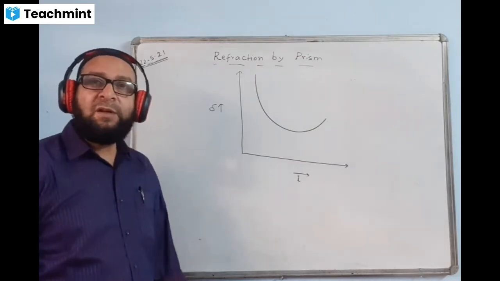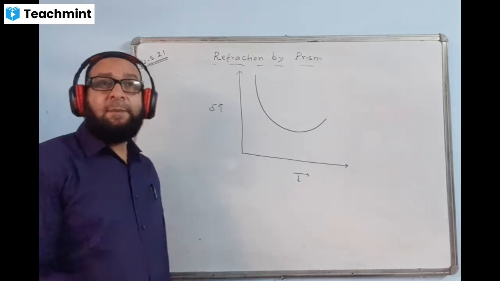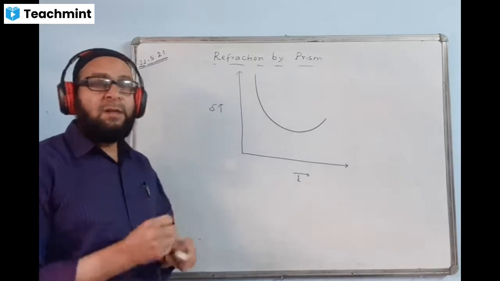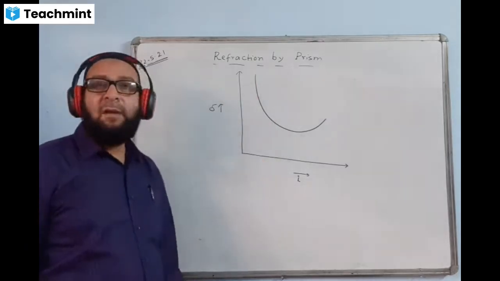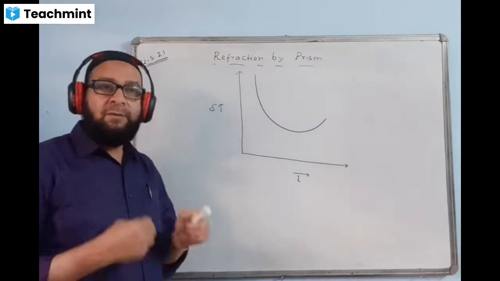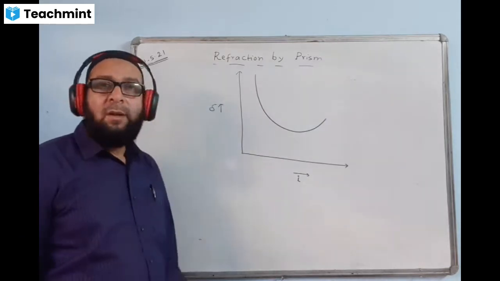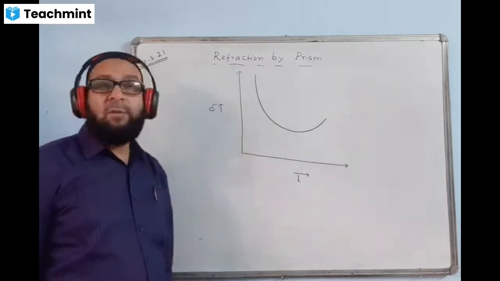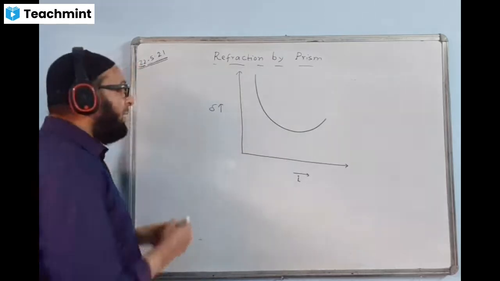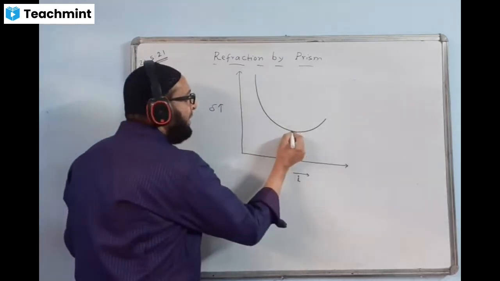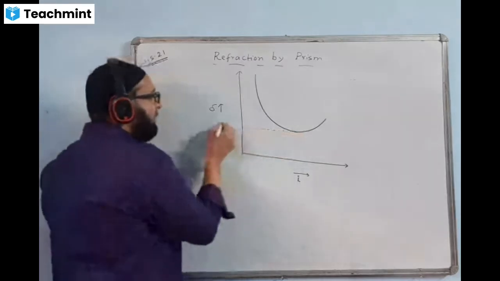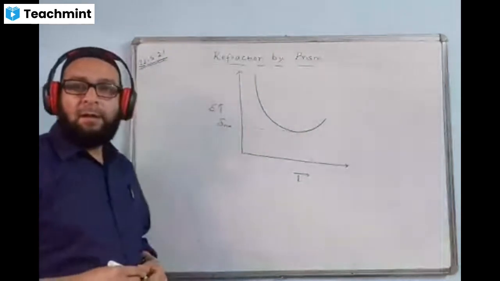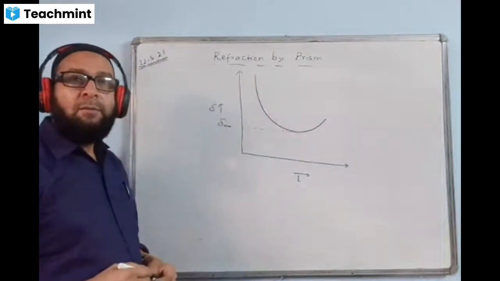So the relationship is not fixed. You cannot say it is directly proportional or inversely proportional. The variation takes place in the form of this curve. It is found from experiments using the prism that the variation between I and delta comes in the form of a U-shaped curve. Here we show the minimum deviation, denoted by delta minimum.